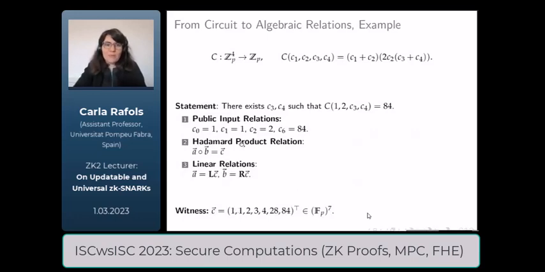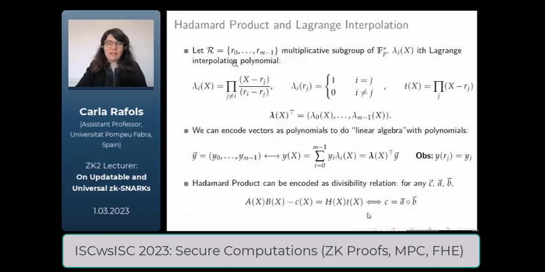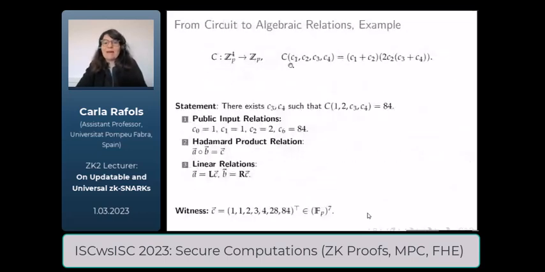So just to be more detailed, imagine I have this circuit from Z_p^4 to Z_p, and my statement will be something like that. I want to say there exist some 3 and some C4.